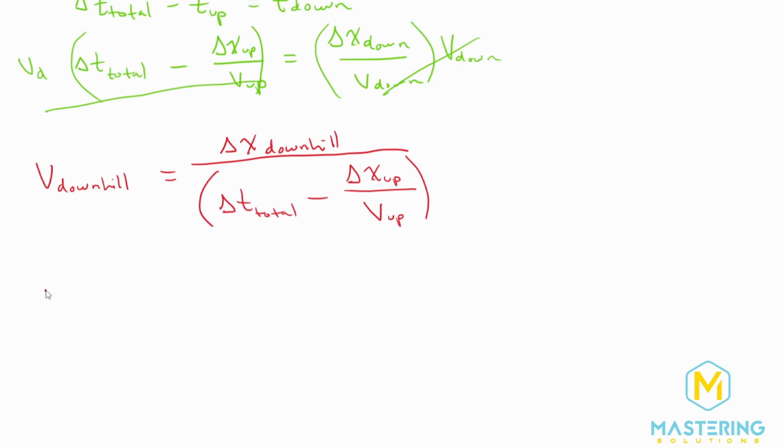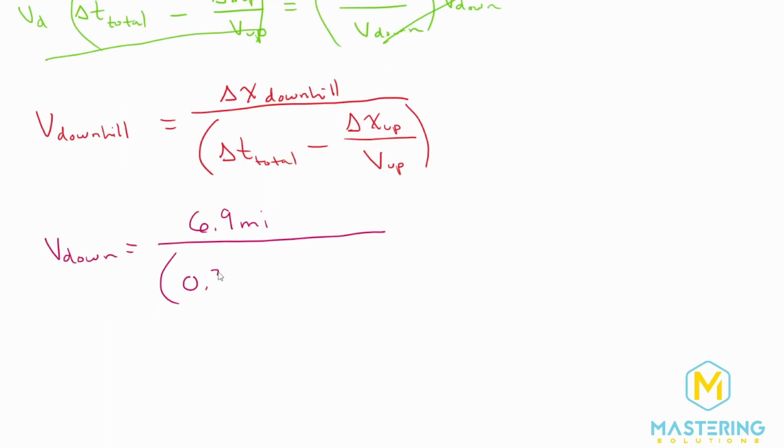So now all that is left is to plug it in. So v down is equal to 6.9 miles, and that will be divided by the time total, which we said was 0.79 hours minus 4.6 miles for the uphill section divided by that velocity, which was 8.75 miles per hour.